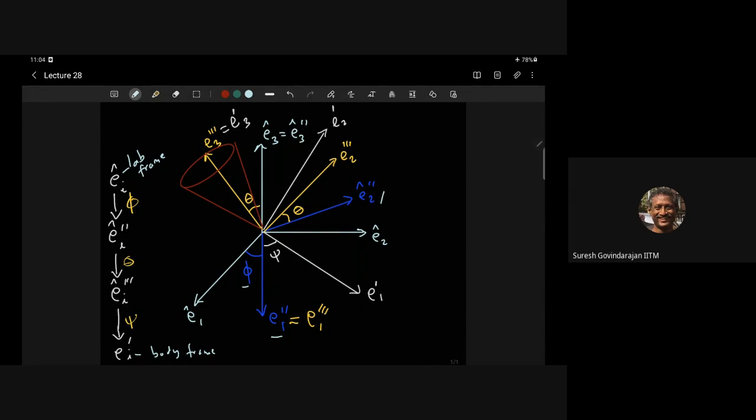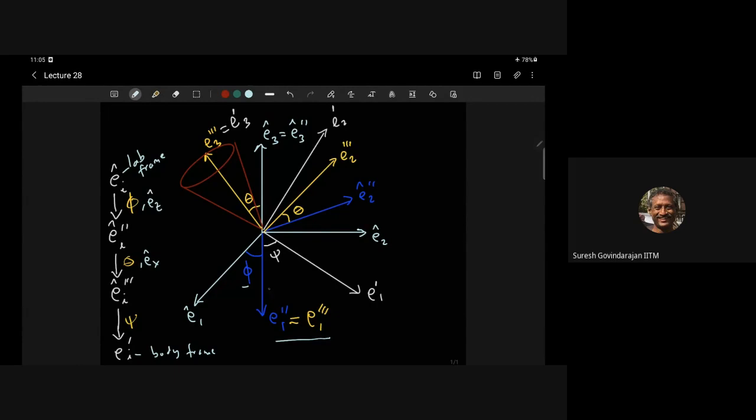This is what we get. Then what we do is we follow it up with a rotation about the x-axis. Now the new x-axis is E1 double prime, and that will not change under a rotation about that axis. So E1 double prime is equal to E1 triple prime, which is this rotation about the x-axis by theta.